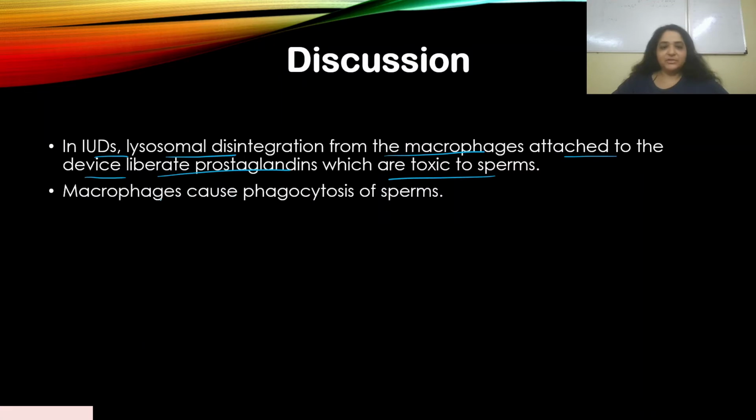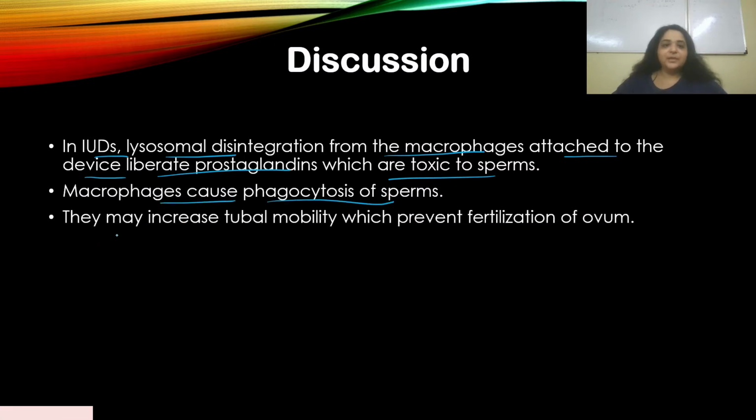Now, the macrophages cause phagocytosis of sperms eventually, and they may also increase tubal motility, which prevents fertilization of the ovum. Tubal motility, we're talking about the fallopian tube.